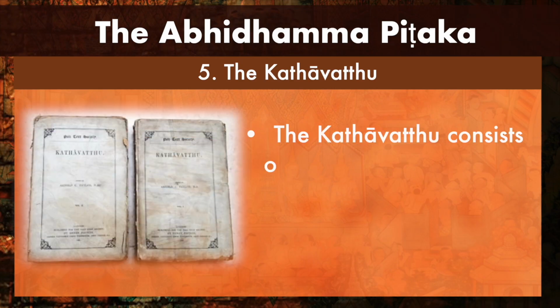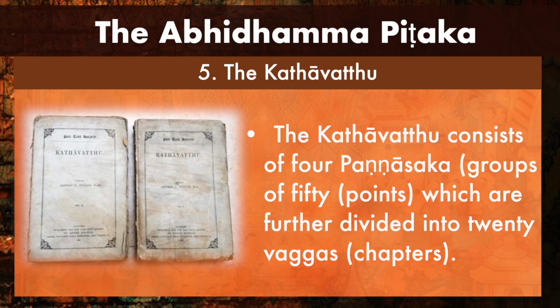The fifth text of the Abhidhamma Pitaka is Kathavattu. The Kathavattu consists of four Panasak, that is groups of 50 points, which are further divided into 20 Vaggas, that is chapters.